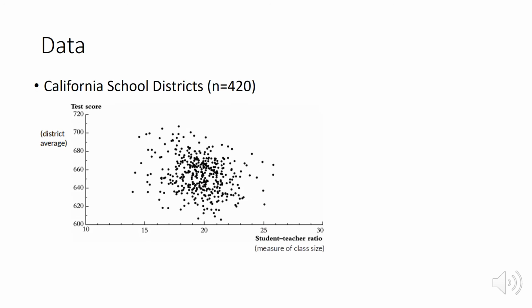So let's take this data generating process that we hypothesized and apply it to some naturally occurring data. Let's look at the average test score across California school districts, and let's look at how they match up against student-teacher ratio, which is our measure of class size. What do you guys think? What's this scatter plot telling you all?